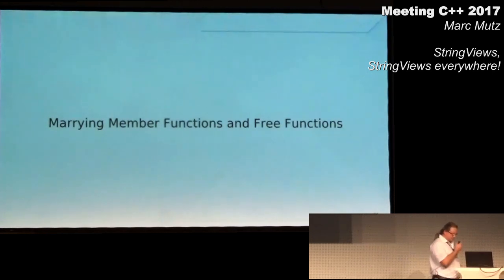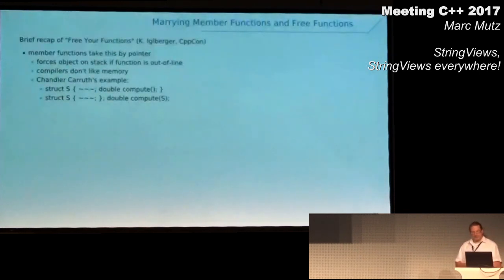And so how to put these two together? One of the problems of member functions, I don't know whether Klaus actually touched on it, but for us, when we implemented QStringView, that was one of the issues: member functions take this as a pointer. You cannot ask for this object to be taken by value.